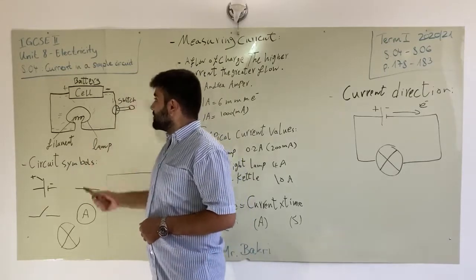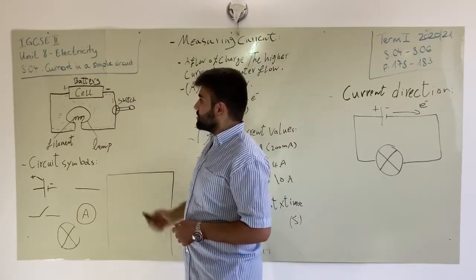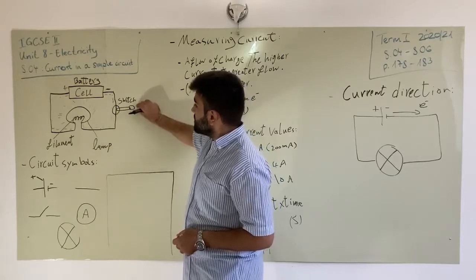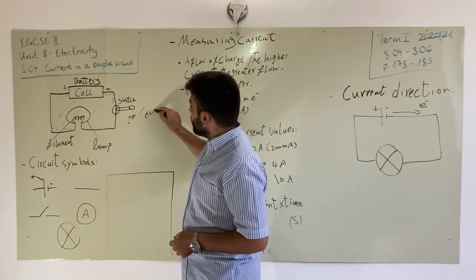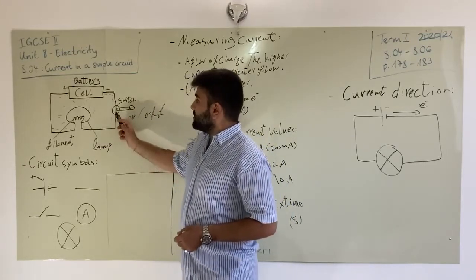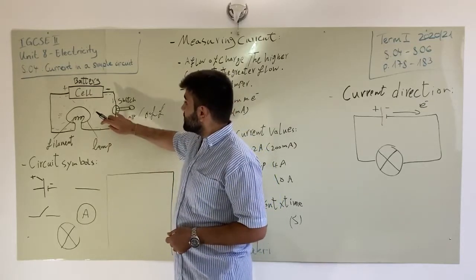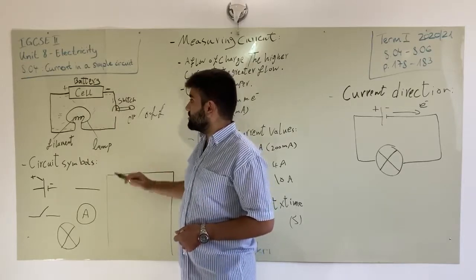So how am I going to turn it off? Even if I remove the cell so there are no electrons, here we have a switch. The switch has two sides, on or off. If it's on, it connects the connecting wire. But if it's off, it cuts the connecting wire.